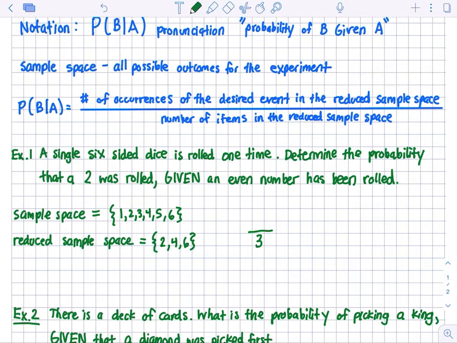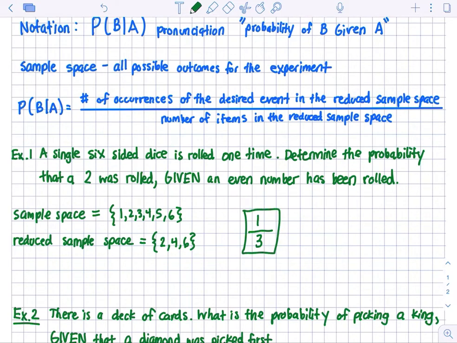What is our target? It says determine the probability that a 2 was rolled. Within this reduced sample space, what's the probability of rolling a 2? Well, it's just 1 out of the 3.